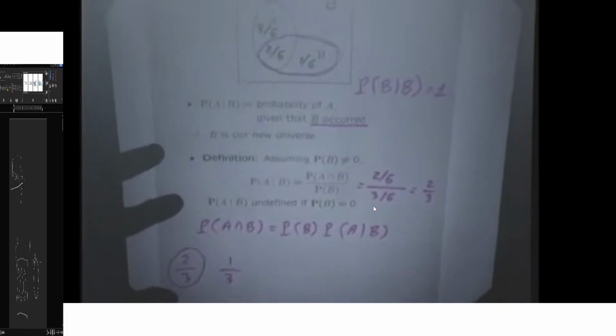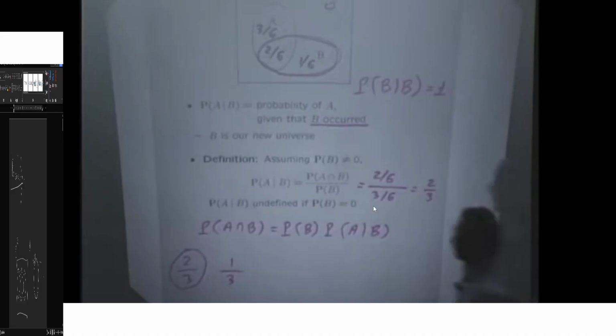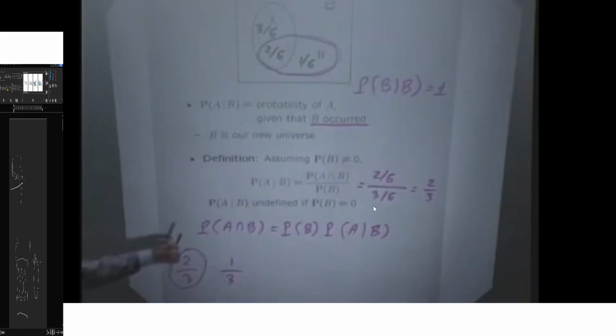So this is just a consequence of the definition, but it has a nice interpretation. Think of probabilities as frequencies. If I do the experiment over and over, what fraction of the time is it going to be the case that both A and B occur?